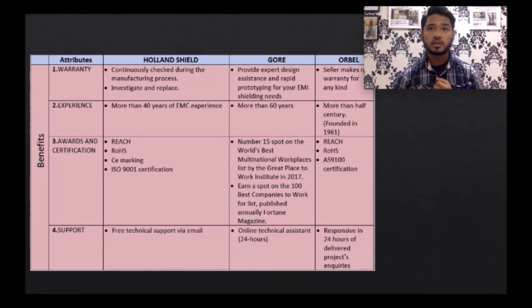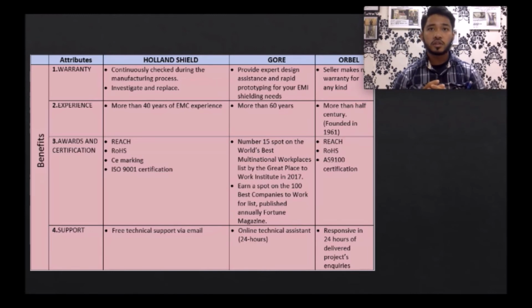While Gore has achieved number 15 spot on the world's best multinational workplaces and earned a spot on 100 best companies to work, whereas Orbel, they have achieved same as Holland shield.